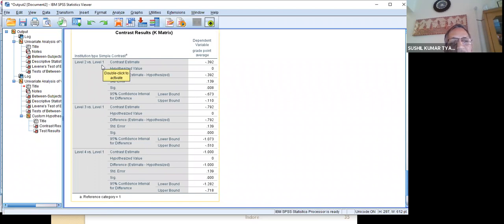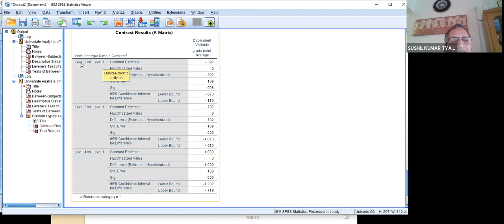Now, is there any significant difference between the department and the second? What was the second one? Second one, level 2. First was the department, second was constituent college. So level 2 is constituent college, level 3 is government college, level 4 is private college, level 1 is department.